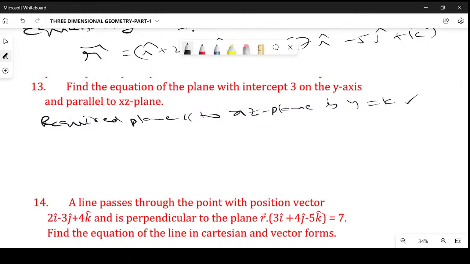This is the required plane parallel to the xz plane: y is equal to k.